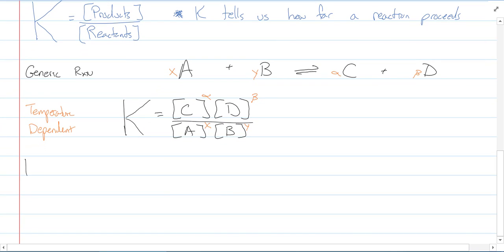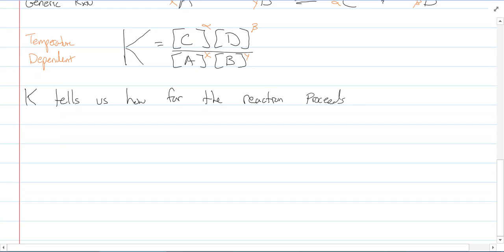So K, again, tells us how far the reaction proceeds. So K can be three options. It's all compared to 1.